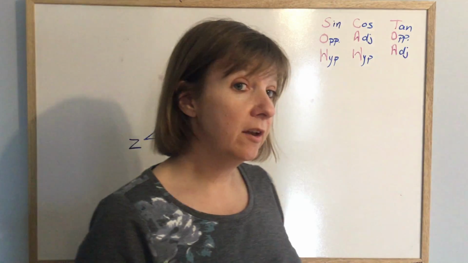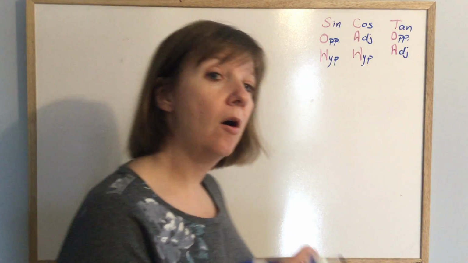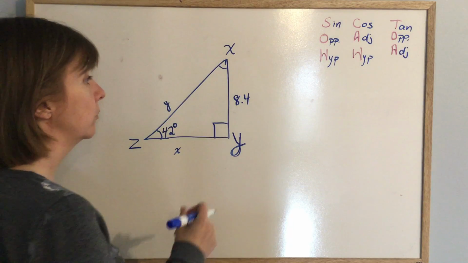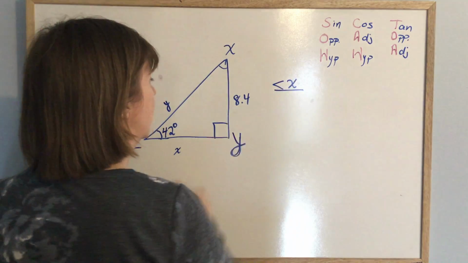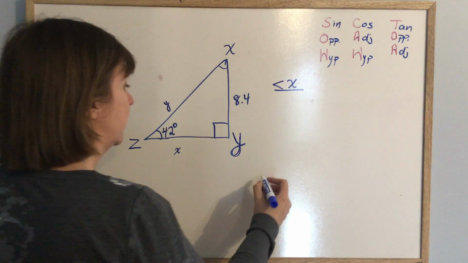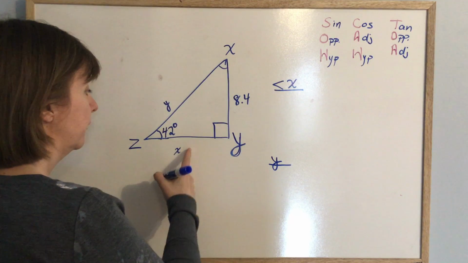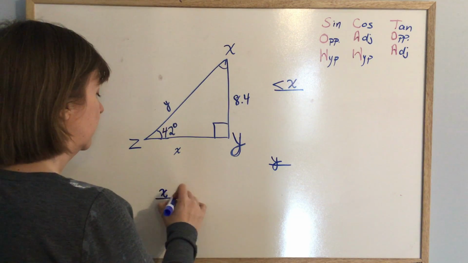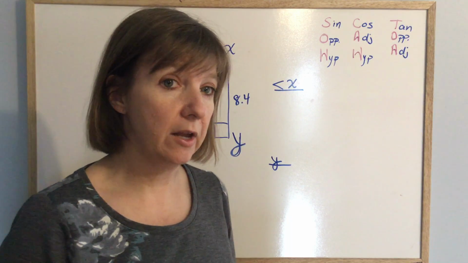What they want us to do is find all the things that we don't know. So they want us to find angle X, side y, and side x. So there are three things we need to find.